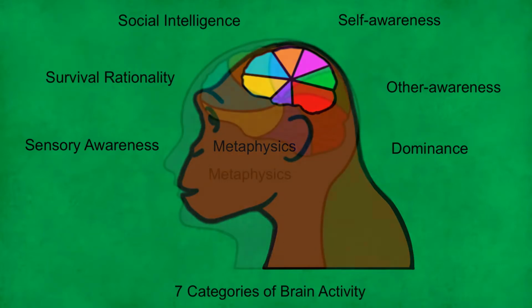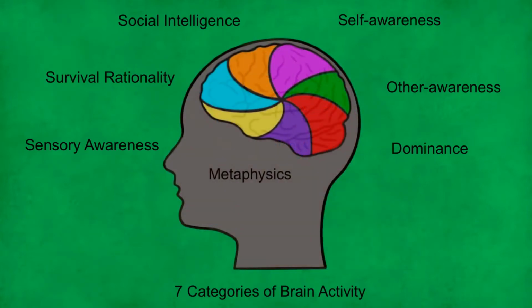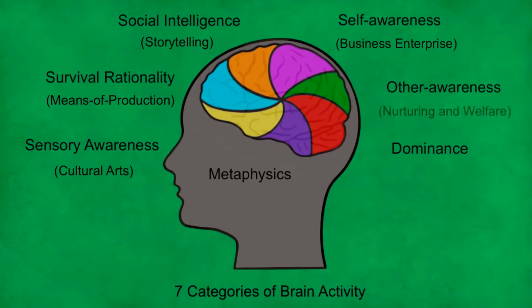These areas of the brain then evolved further into the corresponding areas of the modern human brain, which, as we will see, would come to form the basis of the key aspects of modern human culture. From the arts, to the means of production, storytelling, business enterprise, nurturing and welfare, warfare and policing, and belief systems.